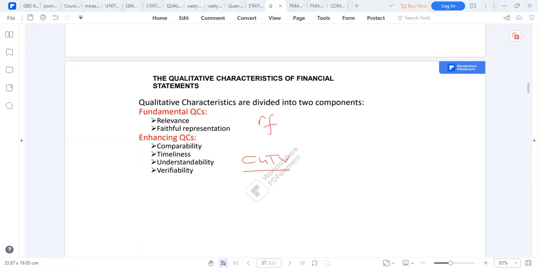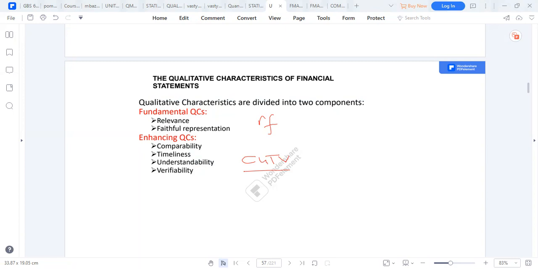So we divide them into two: the fundamental qualitative characteristics and the enhancing qualitative characteristics. Under the fundamental, we have the concept of relevance.